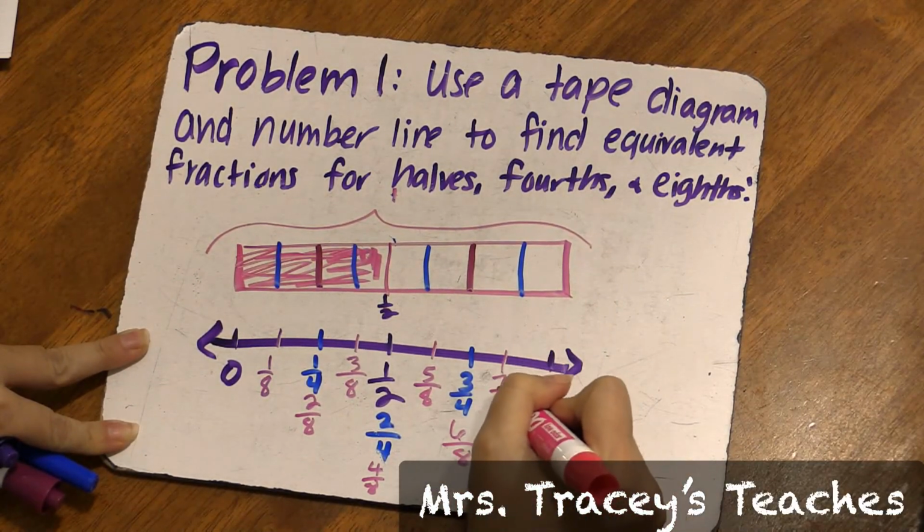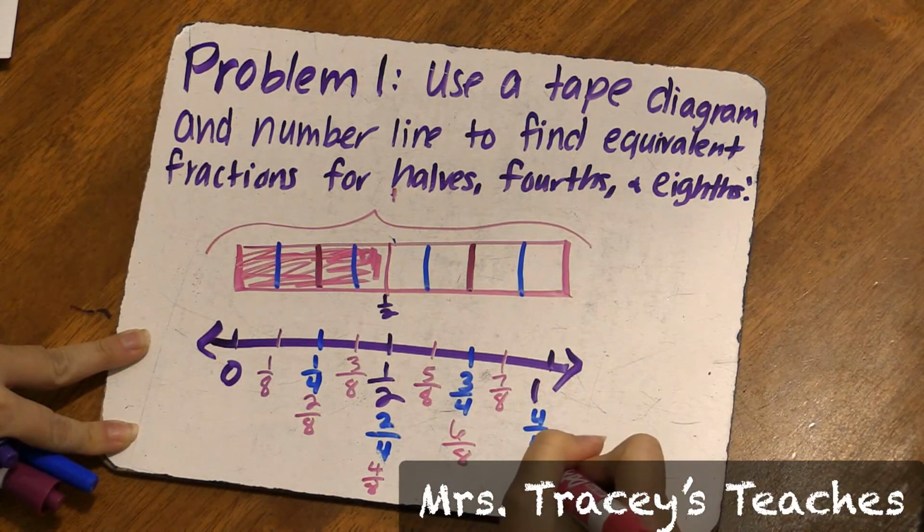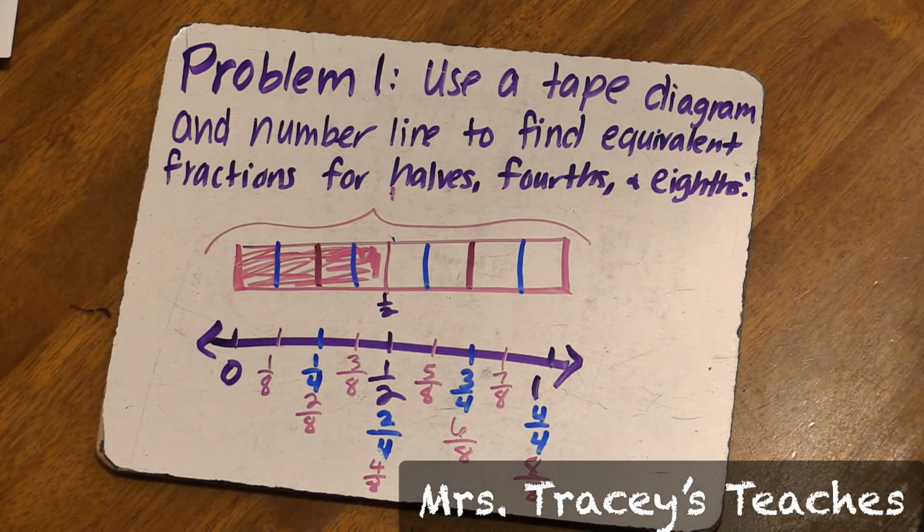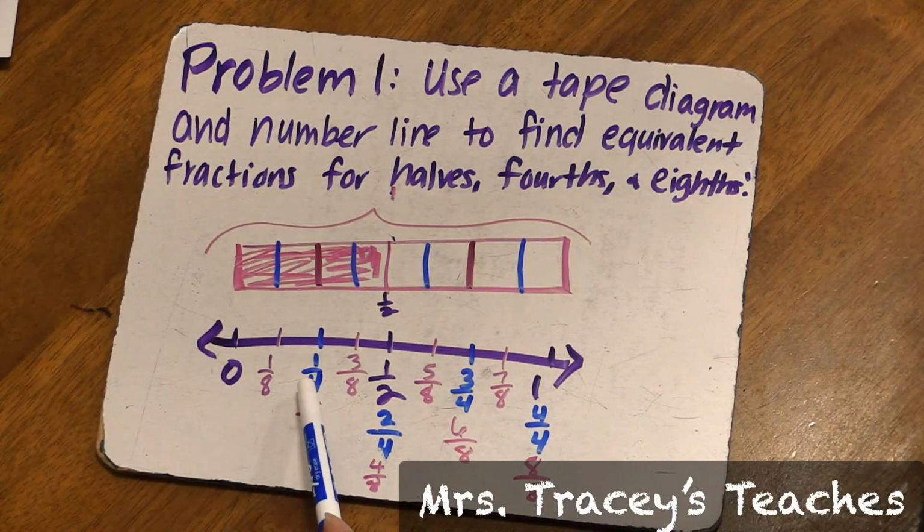Good, 7 eighths and 8 eighths, which equals a whole. So now I know that 1/2 is the same as 2 fourths and 4 eighths. You can also look on the number line and see 1 fourth is equivalent to 2 eighths, 3 fourths is equivalent to 6 eighths, 4/4 is equivalent to 8/8 and 1.